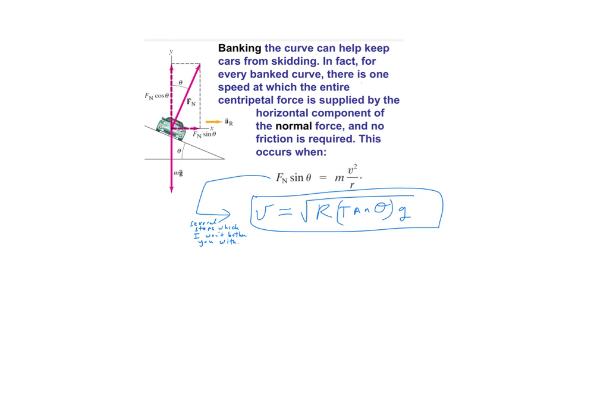Because what's happening is the x component of normal force is giving you that centripetal force that you need to stay around the curve without the need of friction at all.